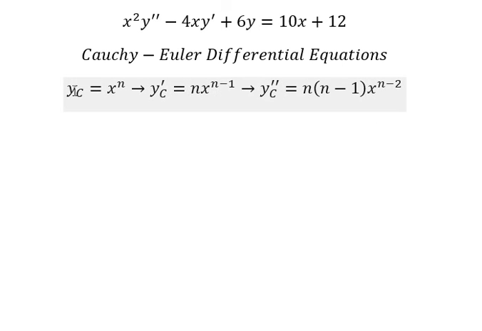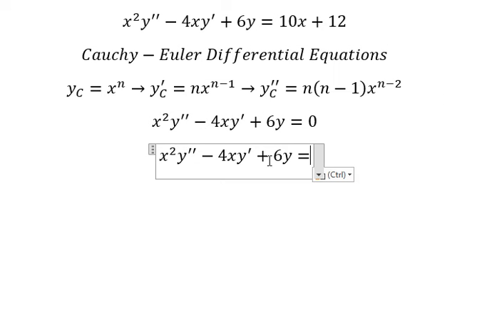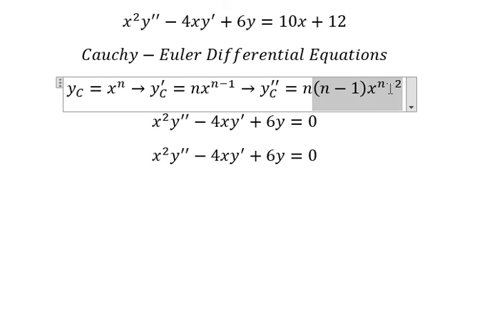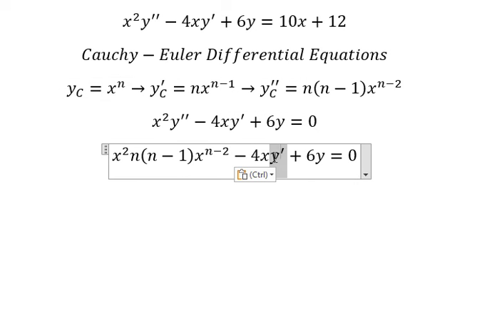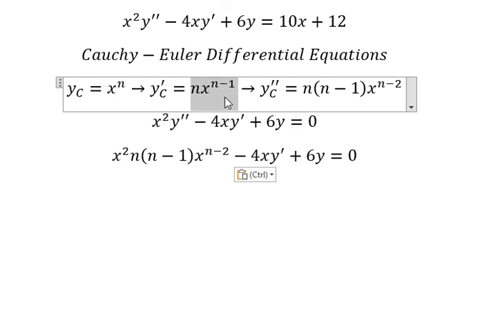Because this is about complementary solutions, this one equals 0. So this one we change by this one, and this one we change by this one.